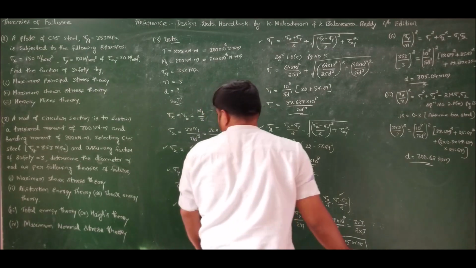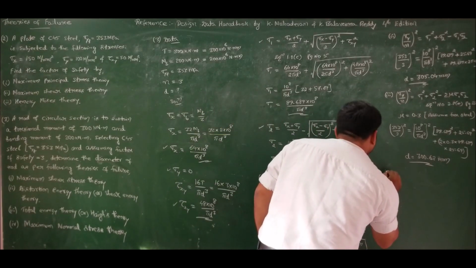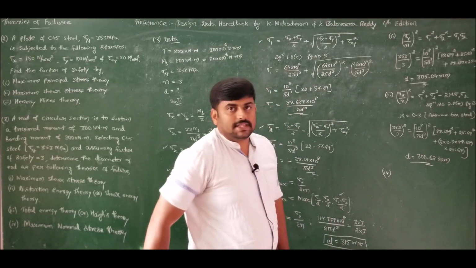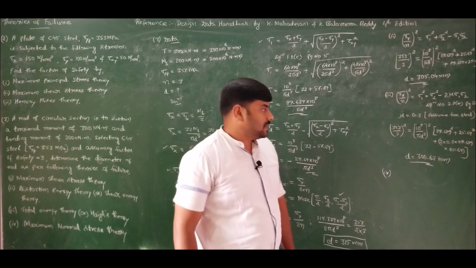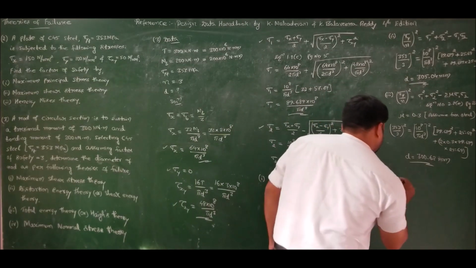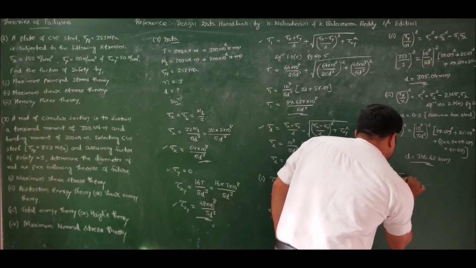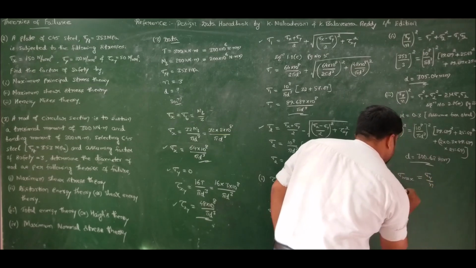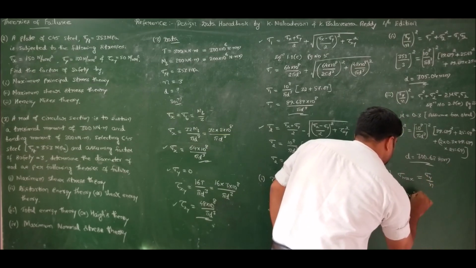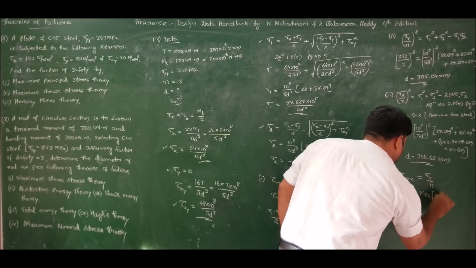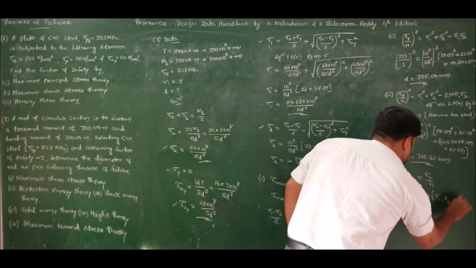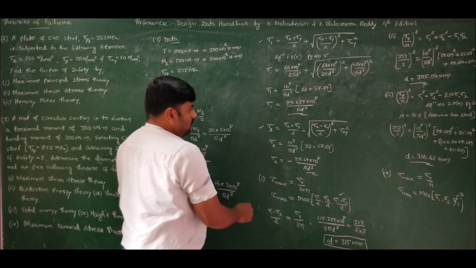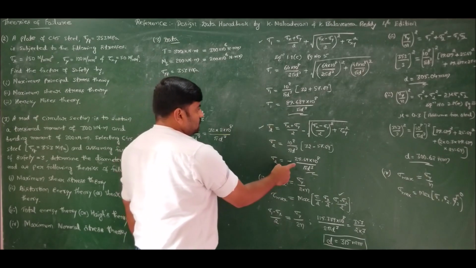Moving ahead for the last one, that is the fourth one, maximum normal stress theory. Maximum normal stress theory is nothing but Rankine's theory, which is the maximum principal stress theory, which states that sigma max should be less than or equal to sigma yield by factor of safety, where sigma max is the max of principal stresses sigma 1, sigma 2, sigma 3. So if you observe, sigma 1 is the maximum one, because this is 89.68, this is 25.69.